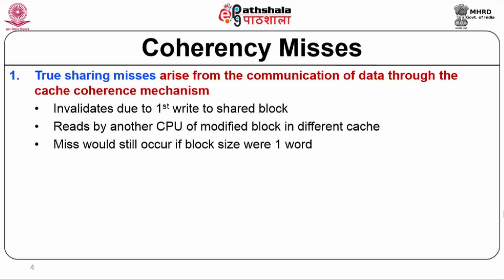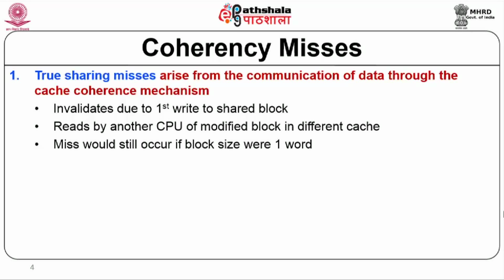When we look at modeling cache misses, we said there are 3 types of misses: capacity miss, conflict miss, and cold start misses or compulsory misses. Now, apart from those misses, when you look at a multiprocessor scenario and you have to handle the cache coherency problem, you also have a 4th miss coming in, which is called a coherence miss. Coherence misses are misses that happen because of the coherence problem.